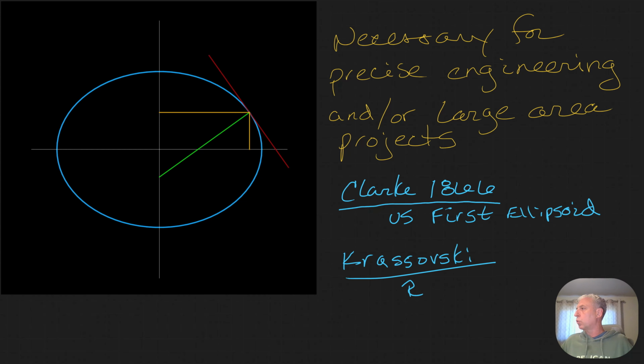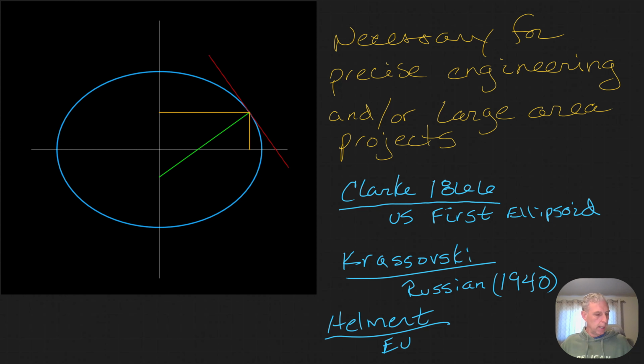And that's a Russian ellipsoid, and that was developed in 1940 or somewhere thereabouts. What else do we have? We have the Helmert, which is European and is still used pretty extensively, and that was developed about 1906.